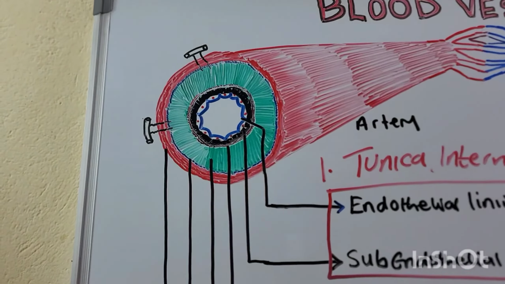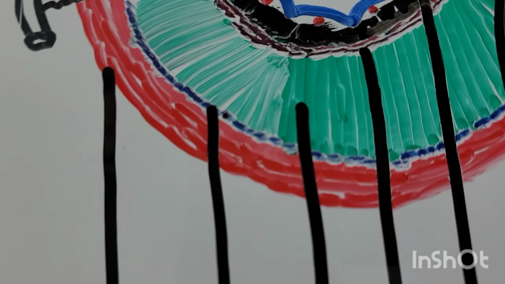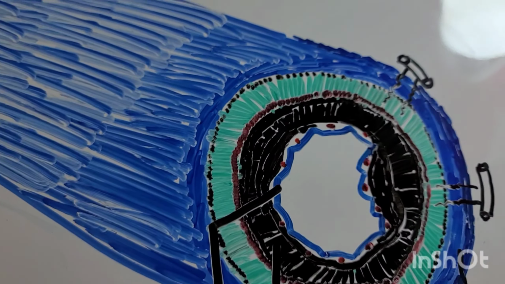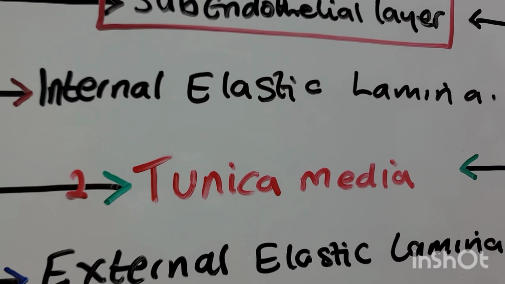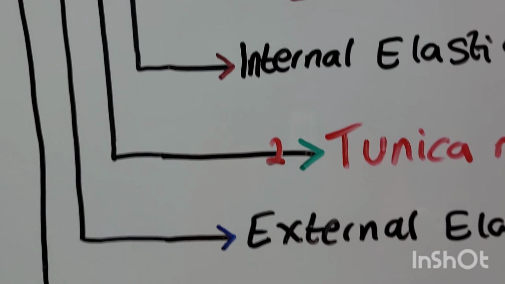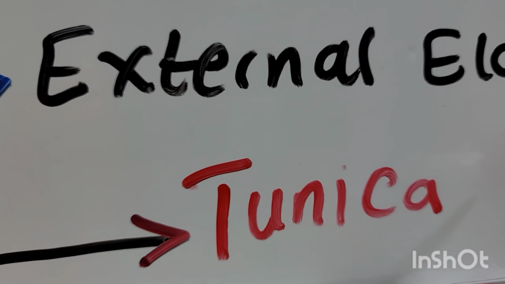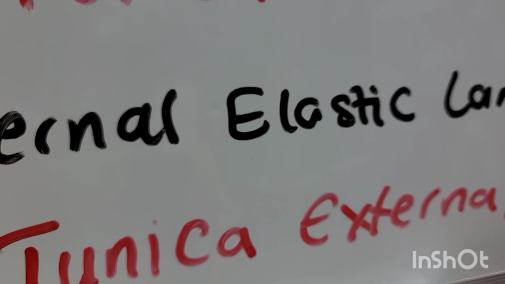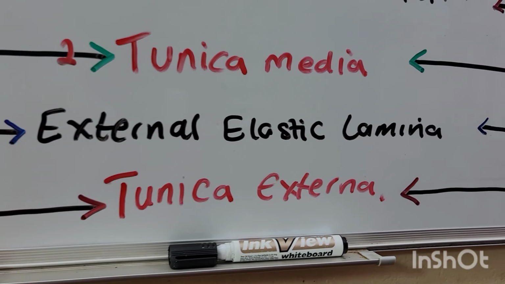Now when we come to the outermost layer, you see this beautiful layer, which is a bit red, still wrapping around the whole of that layer. It's going to be the outside layer, and even in the veins, this one is going to be outside here. That layer is what we call the tunica externa. Some people even call it the tunica adventitia.